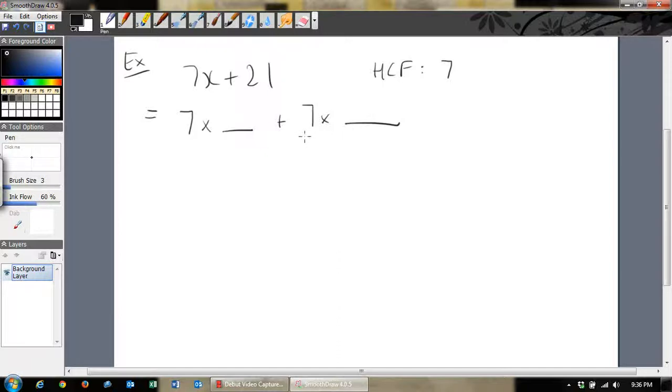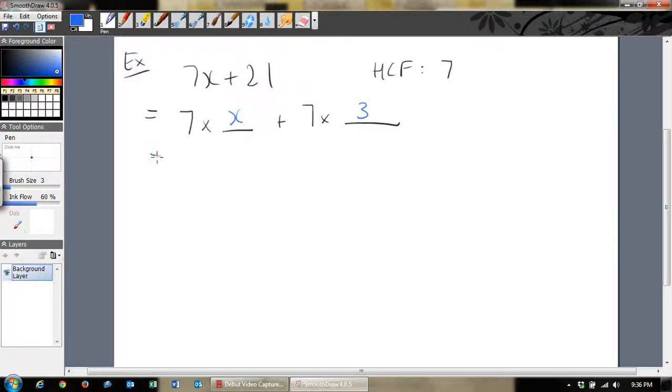Okay, so let's figure this out. 7 times what is equal to 7x? 7 times x is equal to 7x. Okay, so that's that first part. What's the second part? 7 times something is equal to 21. 7 times 3 is equal to 21.